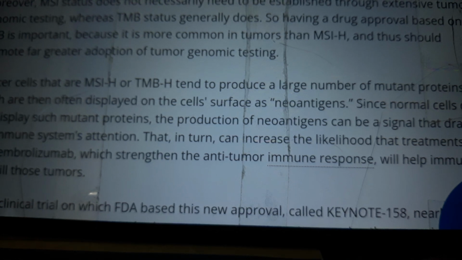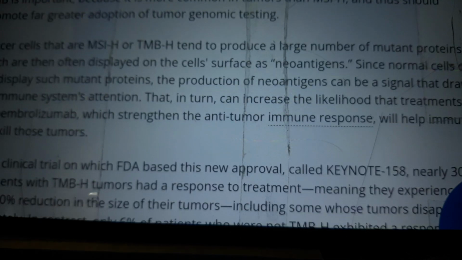So having a drug approval based on TMB is important because it is more common in tumors than MSI-H, and thus should promote greater adoption of tumor genomic testing.